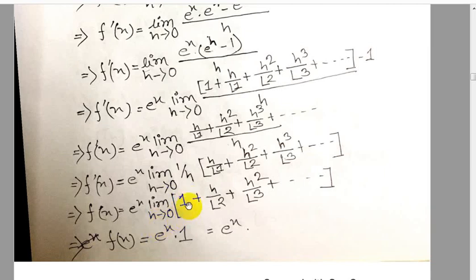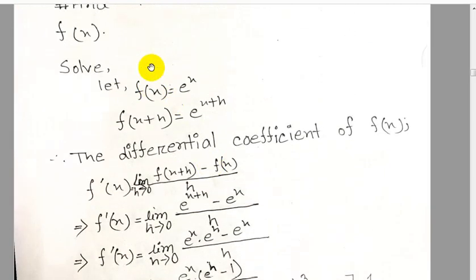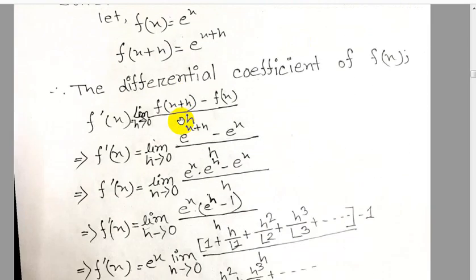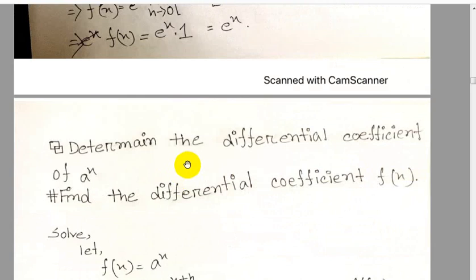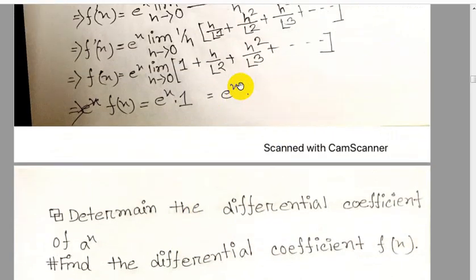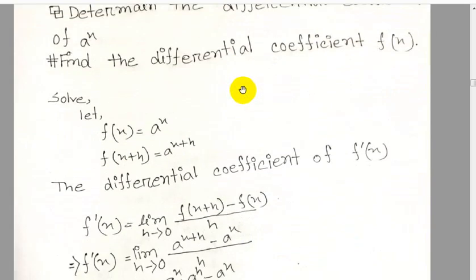So the whole term will become 1, and this is multiplied with e to the power x, so it becomes e to the power x into 1, and we get e to the power x. That means the differential coefficient of e to the power x is actually e to the power x. If you take the first derivative of e to the power x, you will get e to the power x.